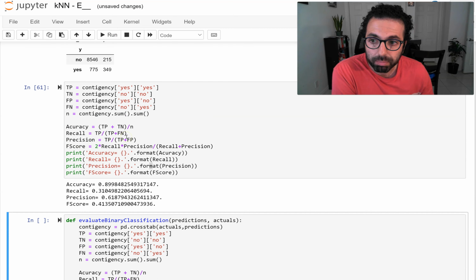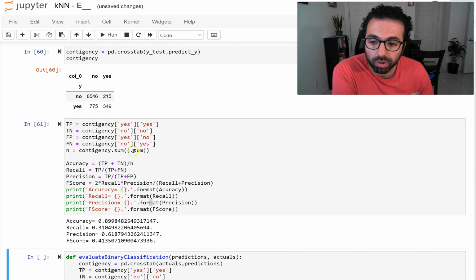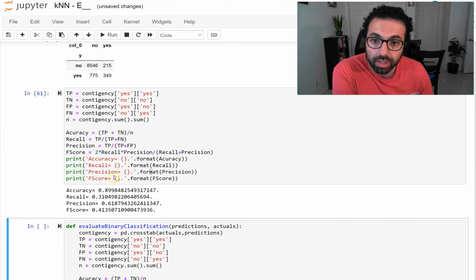But the reason that the accuracy is high is because there are a lot of nos in the data. It only shows itself as not being really that impressive when you calculate the recall and F-score. That tells you we are not really doing well in the prediction of the positive cases or the yes cases.